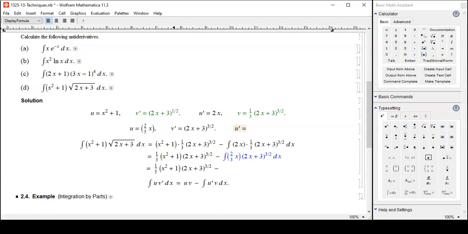So u prime is 2/3. And v is (2x plus 3) to the power 5/2, and then we have to divide, so 2/5, and then we need 1 over a, so 1 over 2, so that will become 1/5.